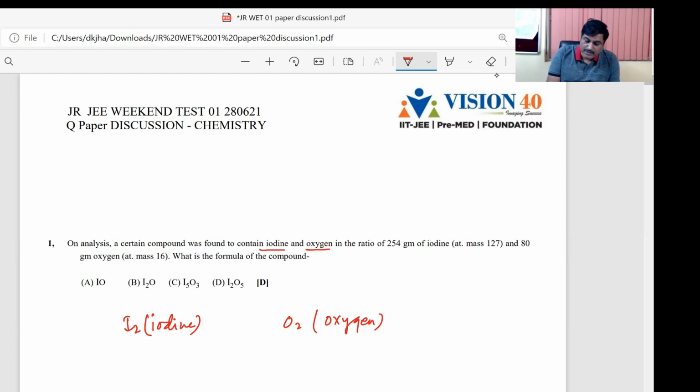This is given as 254 gram of iodine to 80 gram of oxygen. Now, when we form the formula of the compound, we don't consider the I2 molecule, we consider the iodine atom and the oxygen atom. So how many moles of oxygen atoms and iodine atoms are there?